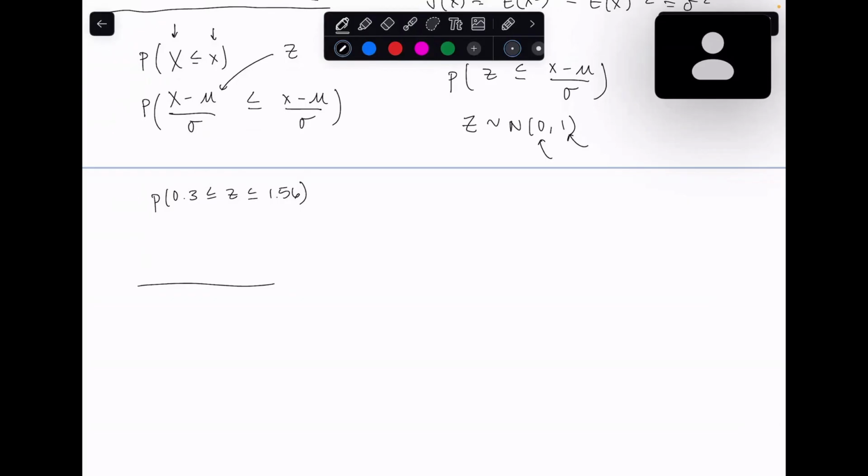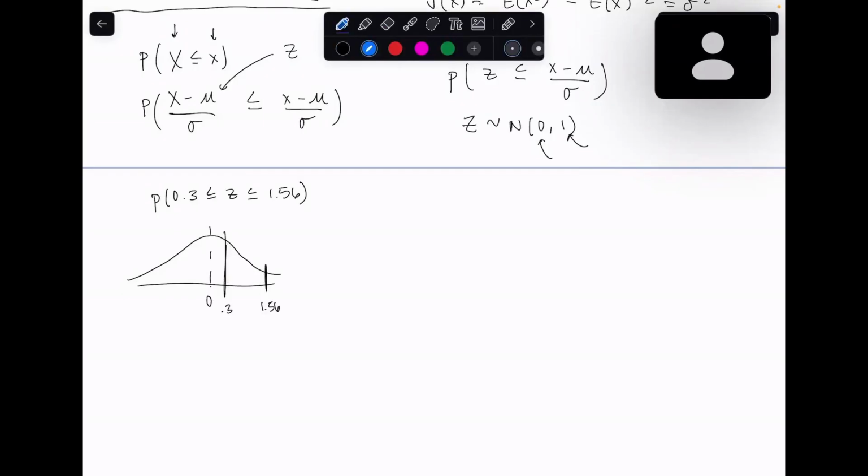My first thing to do is ask, what kind of range are we talking about here? We want to find the probability that some Z value, which means it's standardized, is between these values. If I have a mean of 0, 0.3 might be right here and 1.56 might be right here. I want to find this, right?